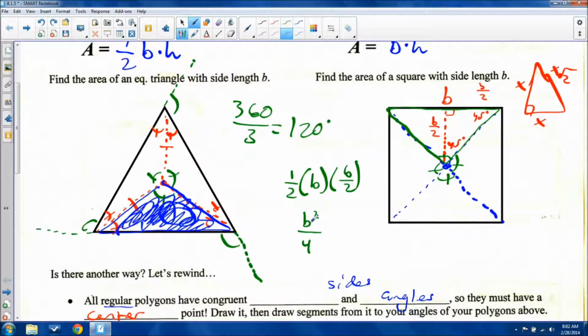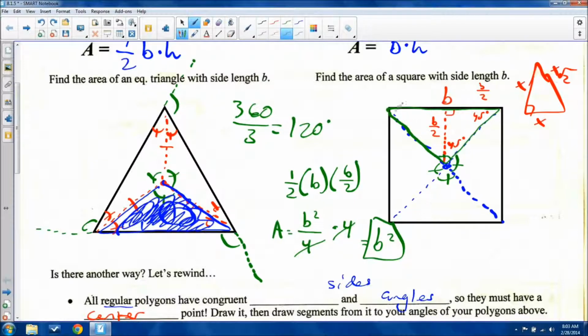So this is b squared over 4 for this one triangle. Now, if I found the area of one of them and they're all equal, then the area of all 4 triangles together is b squared over 4 times 4. I take the area of one and multiply it by 4. Then I get that one, that one, that one, and that one. So b squared over 4 times 4, the 4's cancel out, you're left with just b squared.